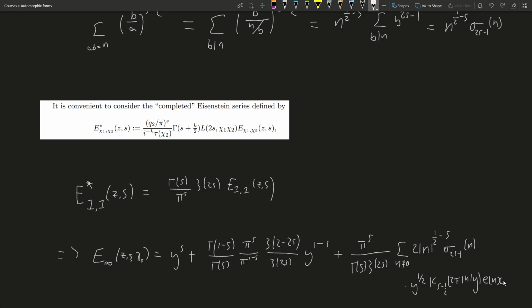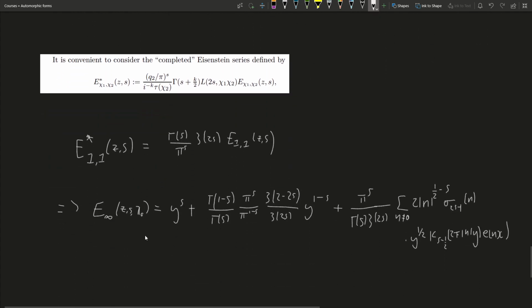Okay. So this is the Fourier expansion, oh man, not quite. This is the Fourier expansion we get for our Eisenstein series without completing, still at level 1, not at level n. Sorry about that.